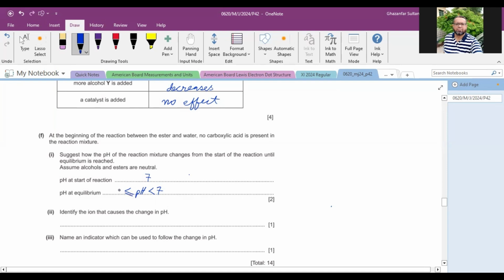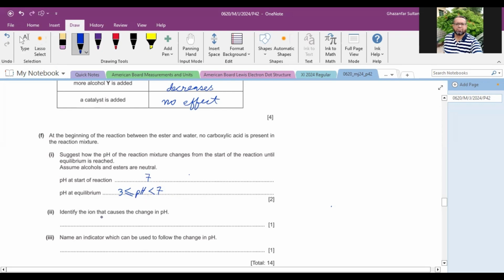So the pH of the weak acid does not decline lower than 3. So the pH should be greater than 3, not lesser than 3. It can be 3 or more, but it must be lesser than 7. So we should write it completely, otherwise you won't get 1 mark for this statement. Okay.